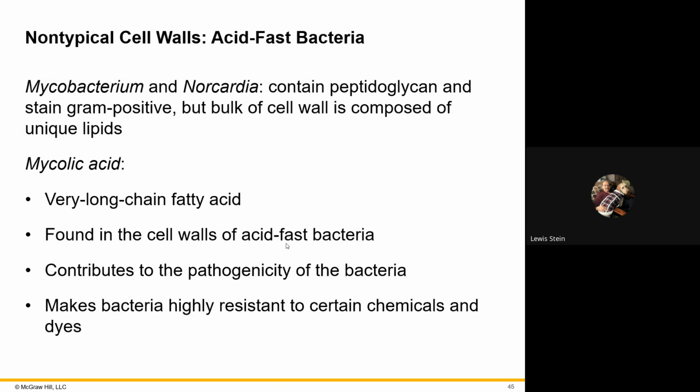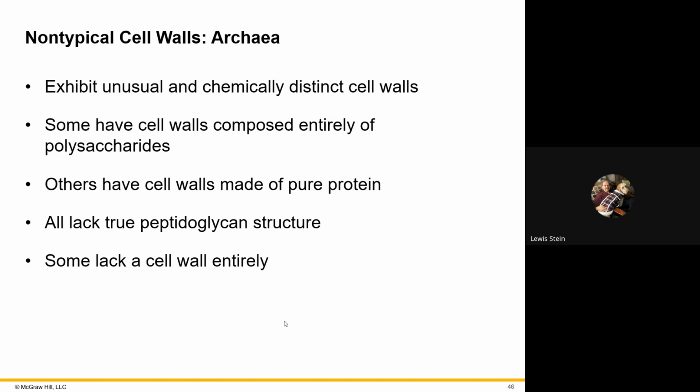So this is a stain you'll do in lab, along with an endospore stain and things like that, most likely. And it's really a signature piece of why it's bad. Very resistant to chemicals, very resistant to antibiotics. Multiple antibiotics are needed for tuberculosis, all the time.